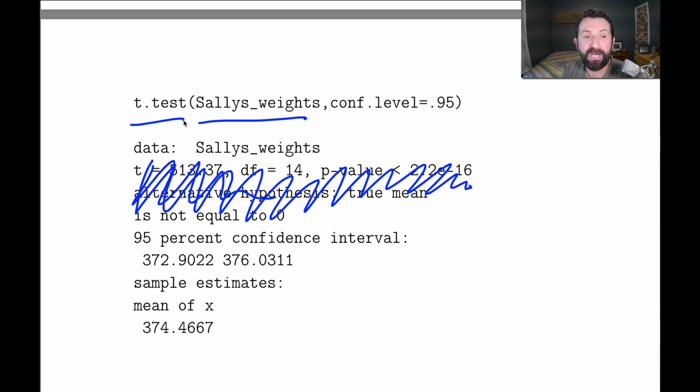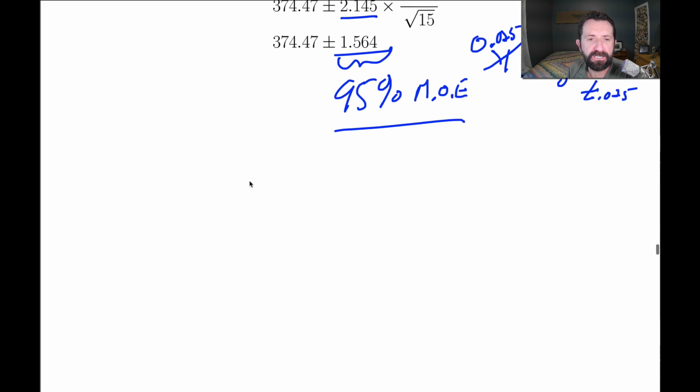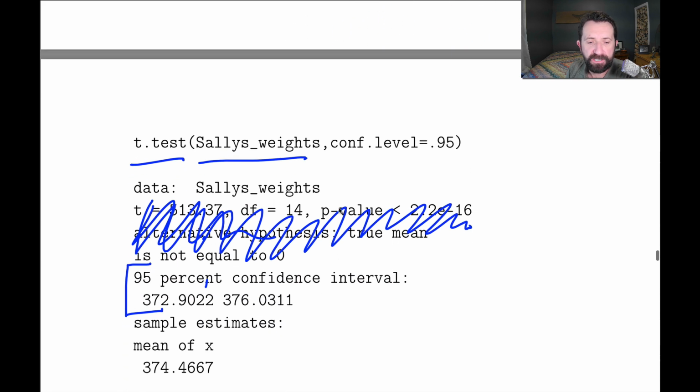I am using t.test because we're going to need it later, but it also outputs the confidence interval. We have our confidence interval, which is the same as what we got up here, right? That's just from what we calculated, doing this type of stuff. And so we get this confidence interval, a 95% confidence interval for mu.